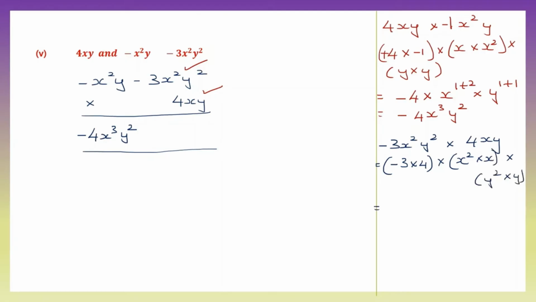So first let's multiply the signs. Minus into plus is minus. 3 fours are 12 into x to the power of 2 plus 1 into y to the power of 2 plus 1. So that becomes minus 12 x to the power of 3 y to the power of 3. Let's write it down. Minus 12 x to the power of 3 or x cubed and y cubed.